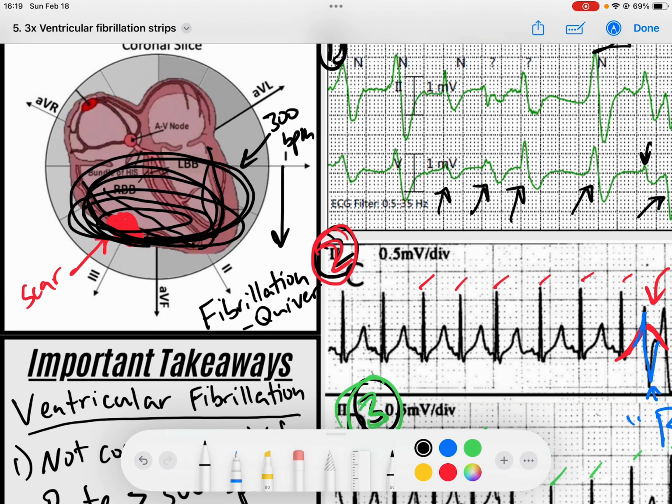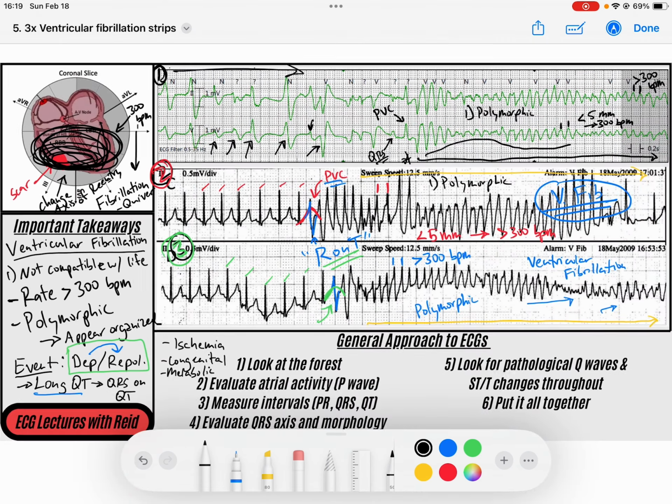So it can flatten out in different planes. You can almost see it change the axis of reentry. So that's why sometimes you can see what appears to be organized, but if you look closely, it's greater than 300 beats per minute. That's V-fib.